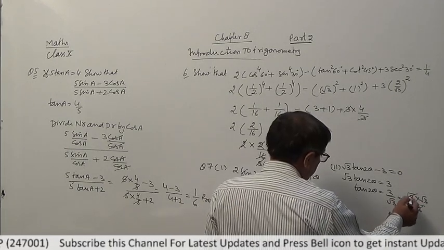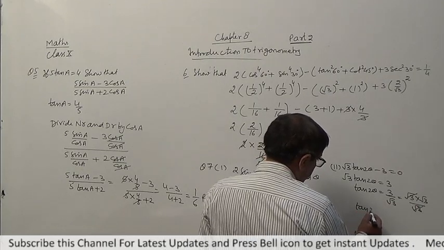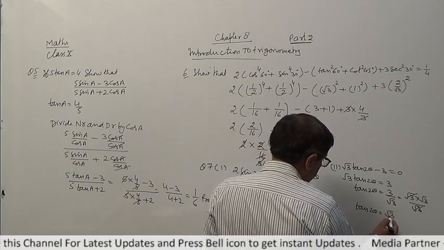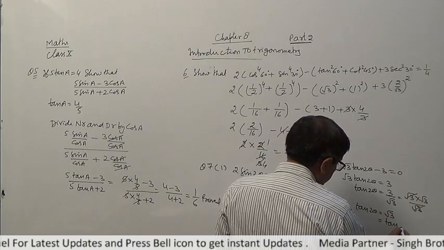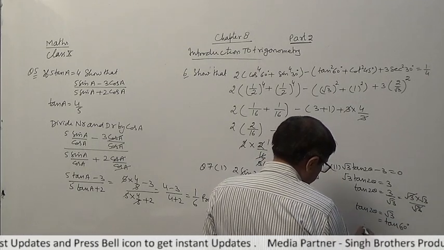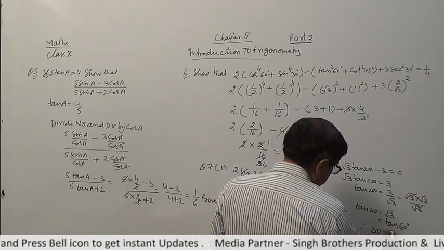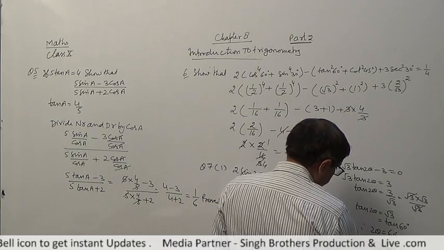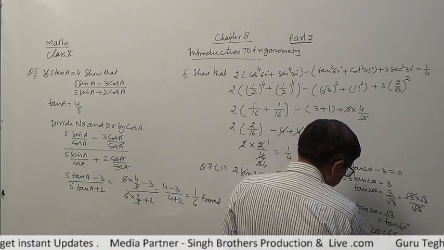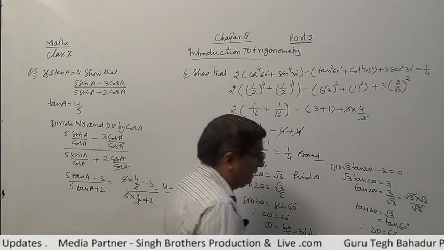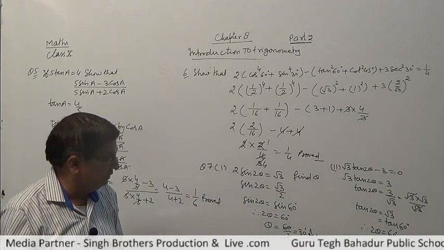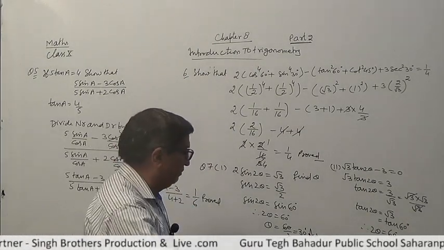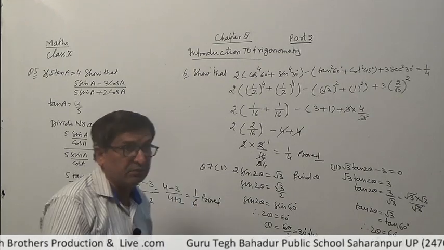The root 3 and root 3 cancel. It is equal to root 3, which is the value of tan 60 degree. Therefore 2 theta is equal to 60 degree and theta is equal to 30 degree. So these are the questions through which we can find the value of theta.